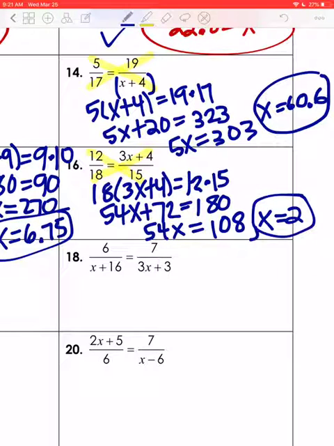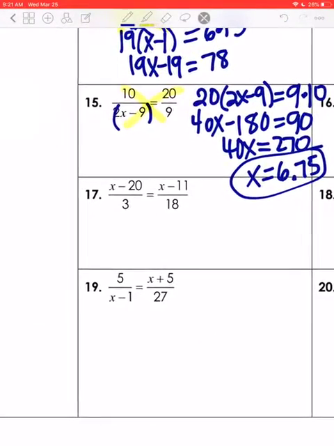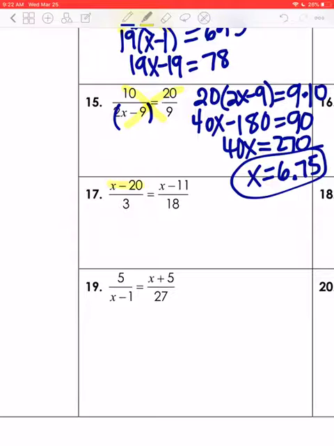Okay, so 17 and 18 are a little different because we have two binomials in our proportion. So, like we said, anytime there's a binomial, just group it up before you cross multiply. Okay, so we'll actually have to distribute twice here.